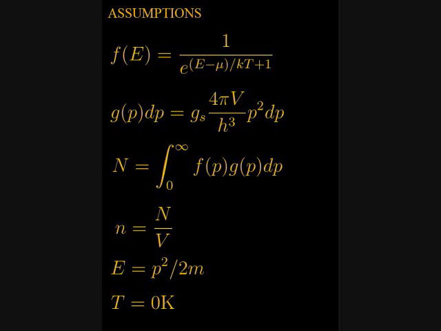Then we also assume that the total number of particles present is the integral from 0 to infinity of f of p g of p dp. And that should make sense because f of p is the fraction of states with momentum p that actually have particles, and g of p is the number of states with momentum p.